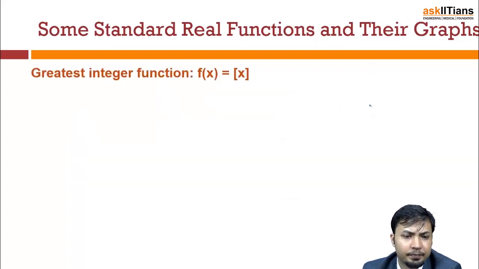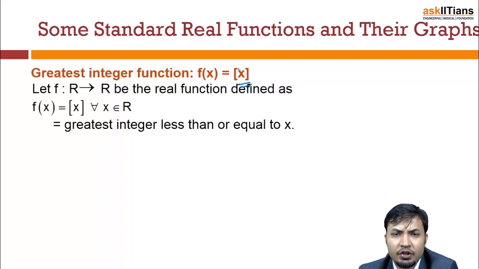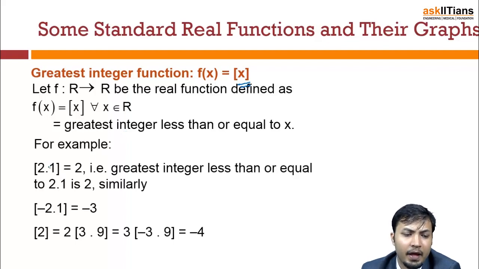Moving on to the next part, the greatest integer function. This is the bracket that signifies the greatest integer function. What is the greatest integer function? For any function from R to R, the greatest integer function is less than or equal to x. Now how do I understand this more clearly? Let's say I have 2.1, and I need to put it like this. So my 2.1 becomes 2, that is the greatest integer less than or equal.